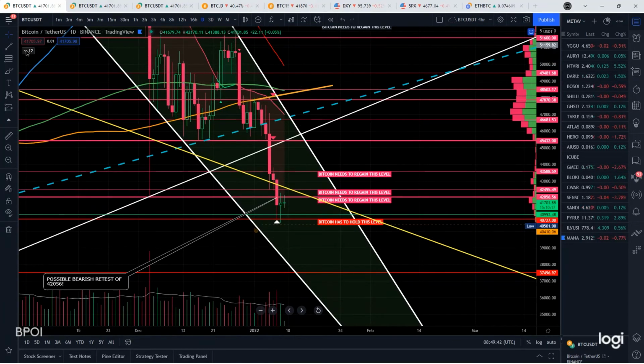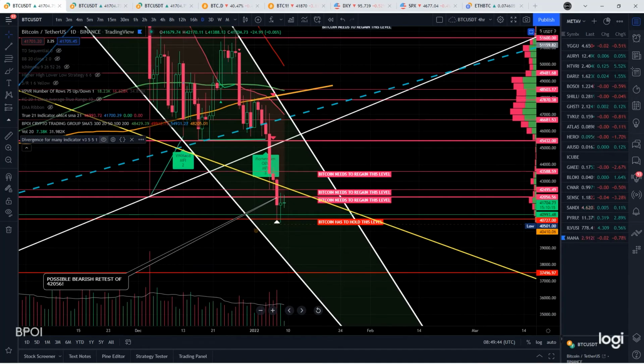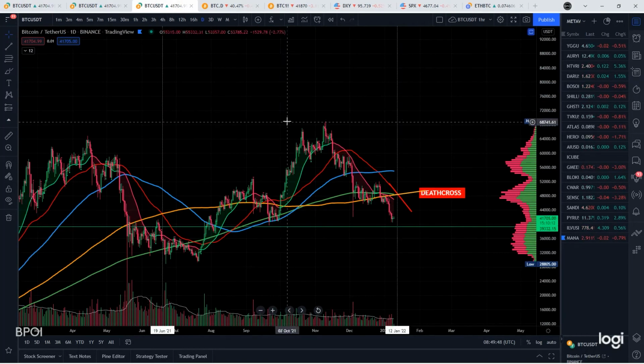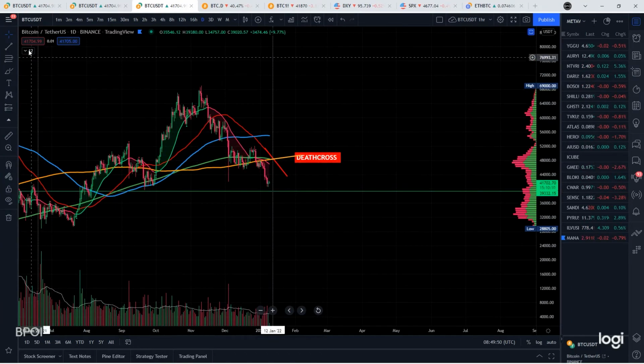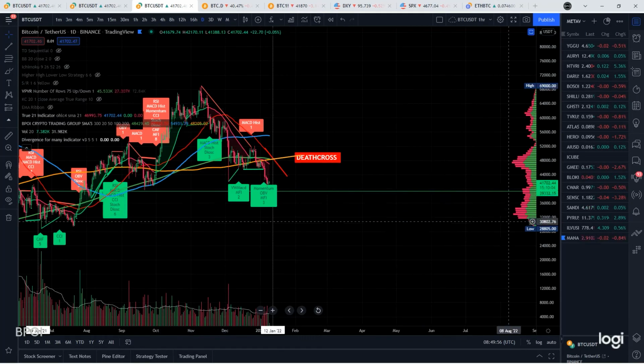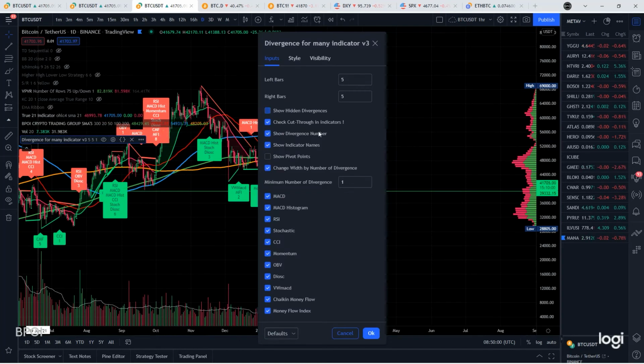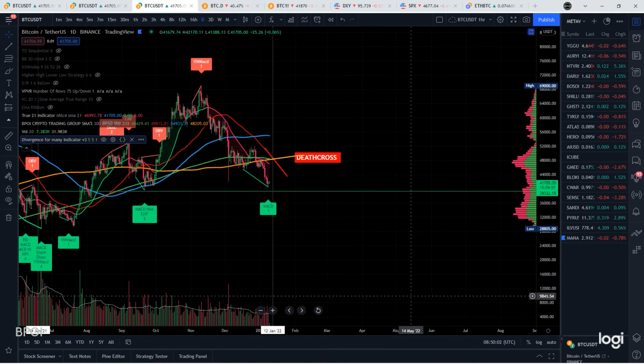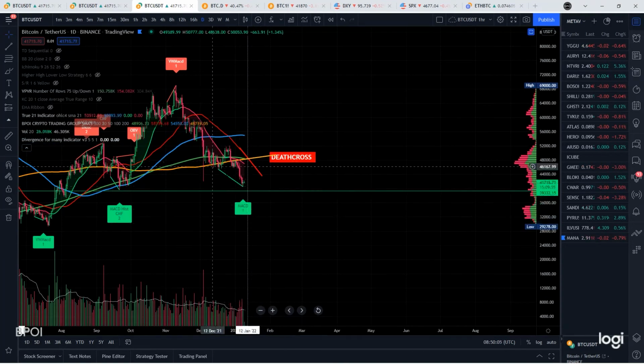Keep an eye out. I'm on the daily at the moment. We possibly have some bullish divergence. Actually, let me go to this chart because you can see it a bit better. Okay, so this is on the daily time frame. Let's turn off hidden. So you're looking at the MACD, divergence on the MACD.